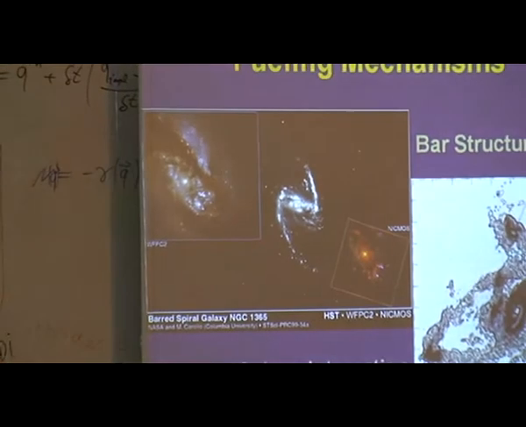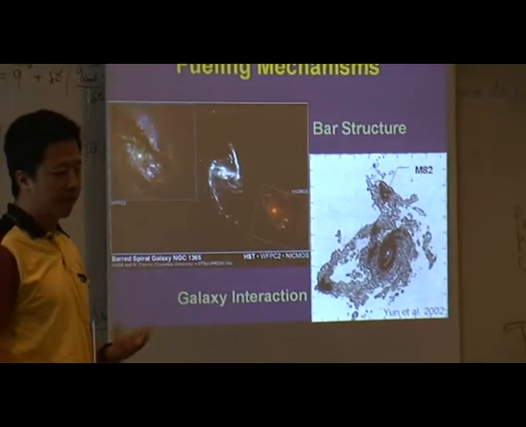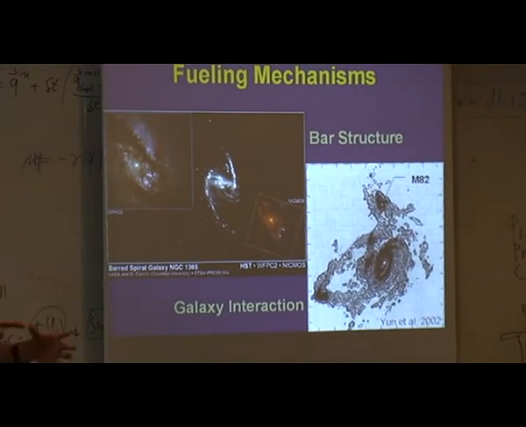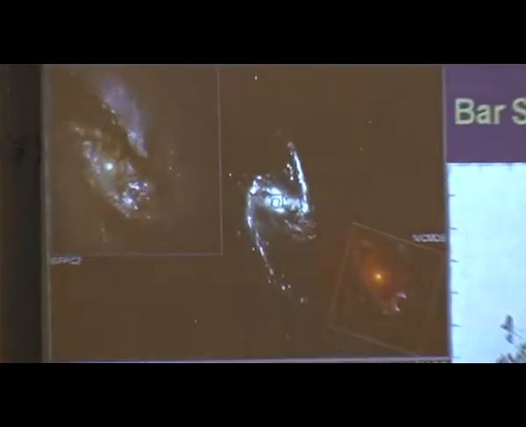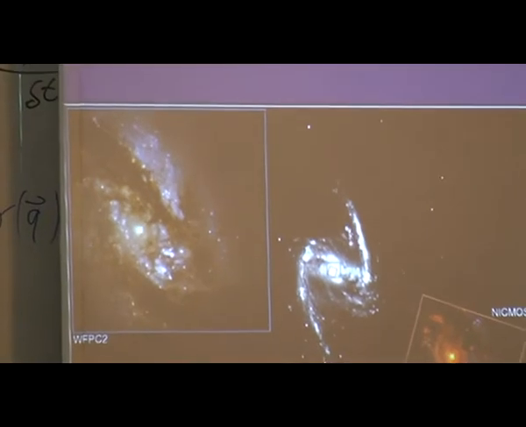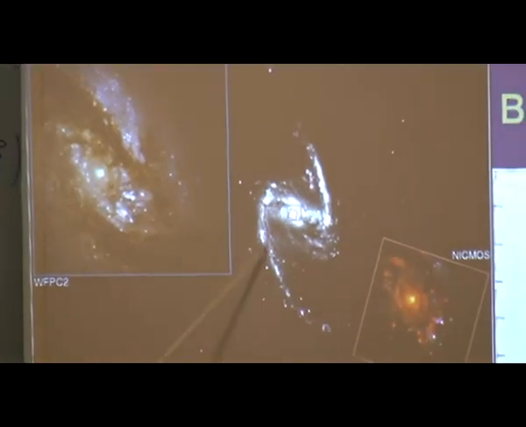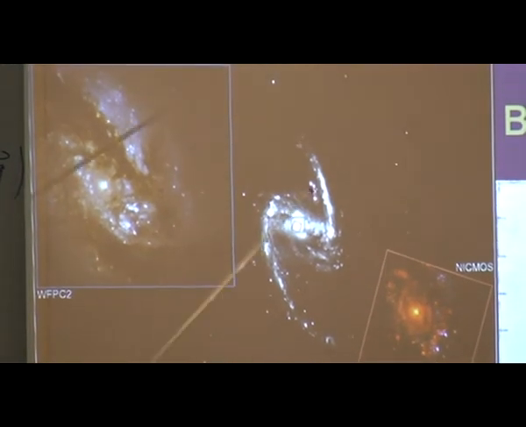Now, in general, the public believes there are two main mechanisms to produce this gas fueling into the circumnuclear region. One is a bar structure, and the other is a gas-gas interaction. In this case, you see in this bar galaxy that it has a common two-arm design, a spiral arm.